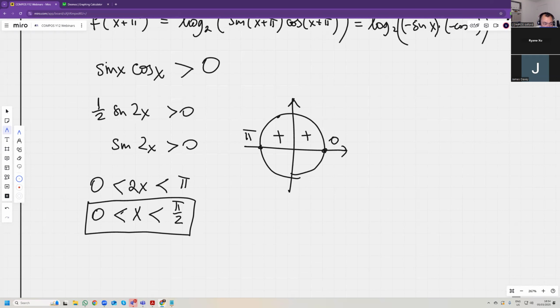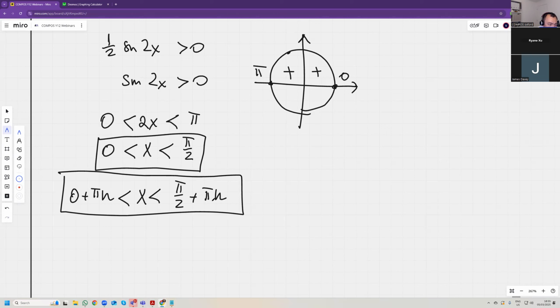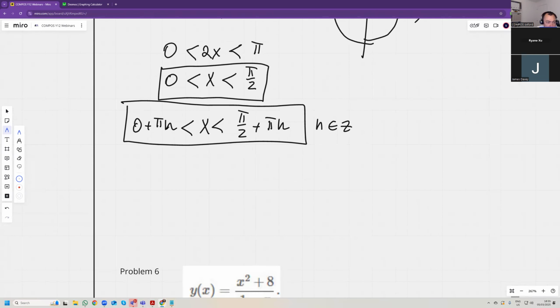But of course, it's periodic, so we have to take that into account. So x is in fact greater than 0 plus pi n and less than pi over 2 plus pi n, where n is any whole number. So what does that mean? Well, if n is 0, it's just simply x between 0 and pi over 2.